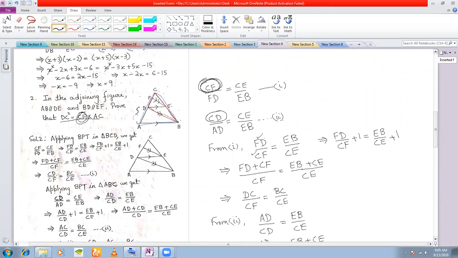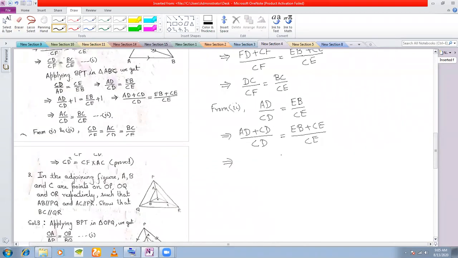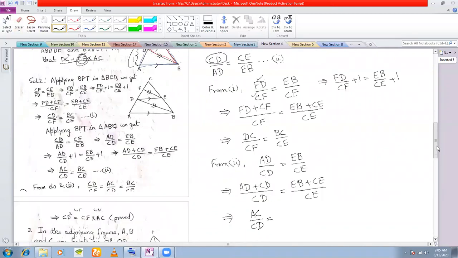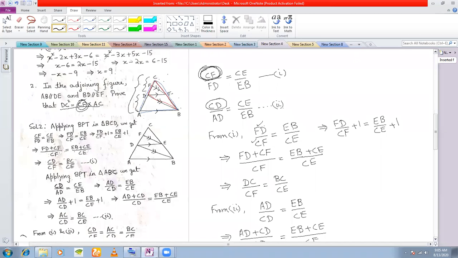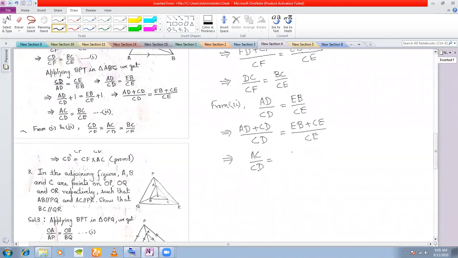AD is this, CD is this. So AD plus CD will be all this, AC. Let's write AC. CD will remain as it is. And EB plus CE. So you have your EB, this part, and CE is your this part. So EB plus CE will be your this part, BC. So this is your BC by CE.